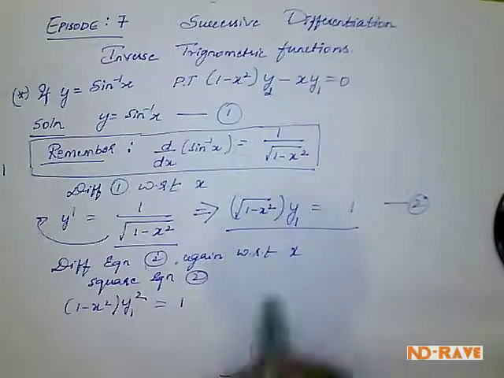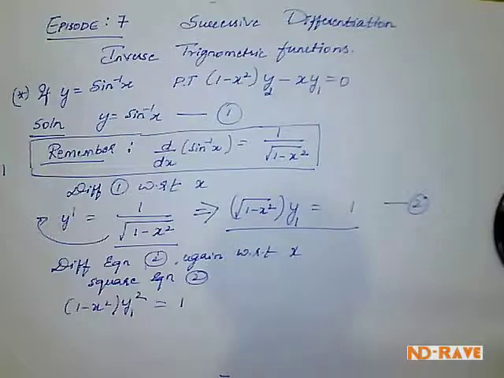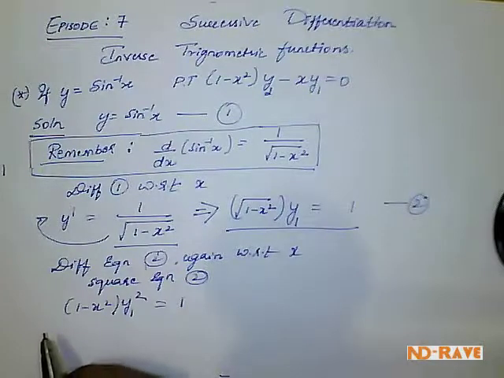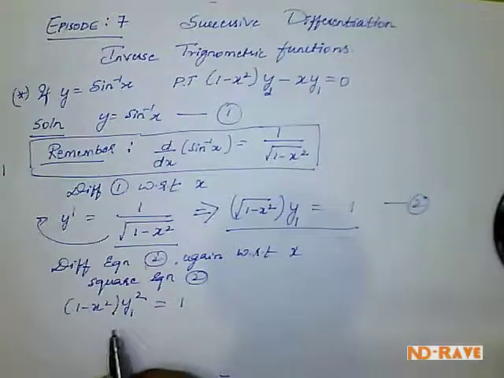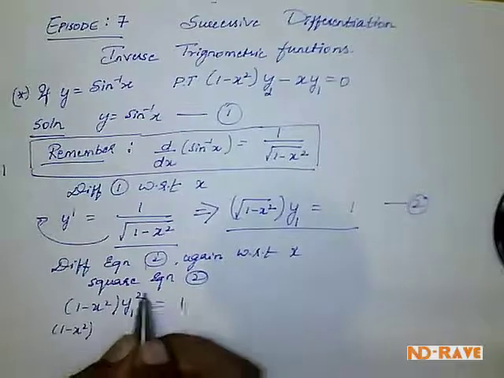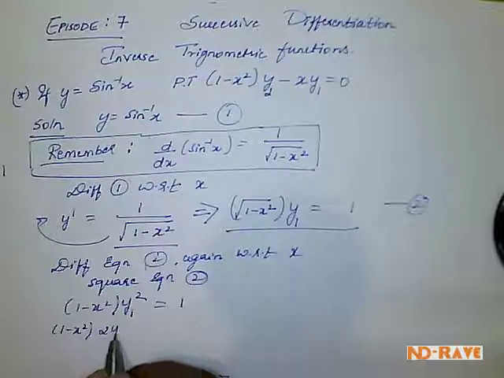So I'll differentiate the equation 2. So this is the equation 2 with the square one. So if I differentiate, I have to follow the product rule. So you know what the product rule is. So I'll just write directly the result. So that is nothing but (1 minus x squared) into the differential of this, which is 2y1.